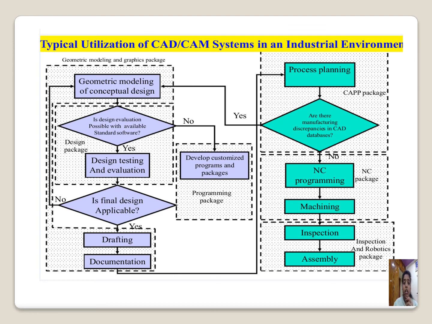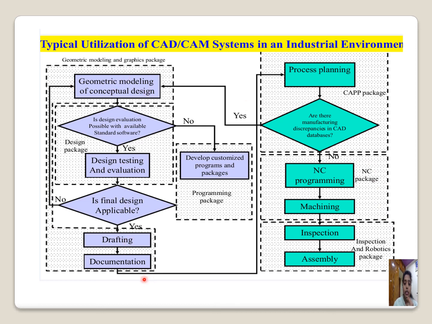Okay, this is the typical utilization of CAD CAM systems in an industrial environment. As I already discussed this whole process before. This is the main diagram of the industrial environment. If they ask what is the utilization of CAD CAM systems in an industrial environment, this is the important topic. This is the important flow chart. As all of you see, this is the design part.